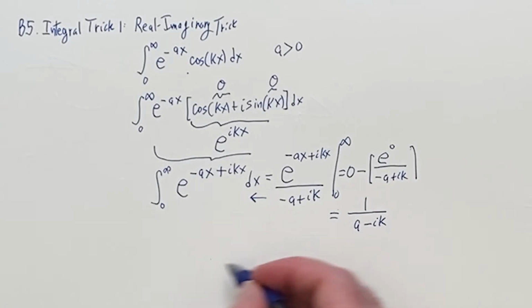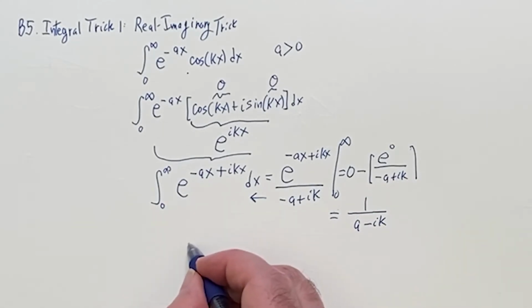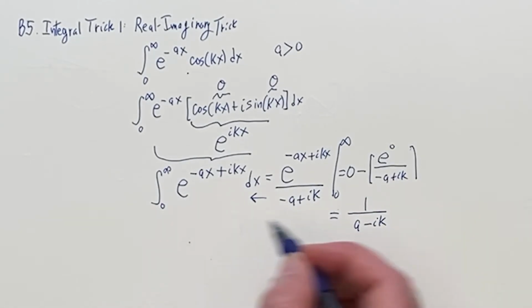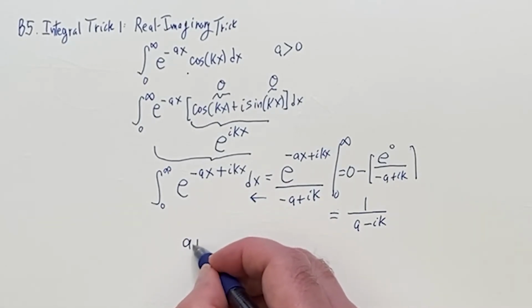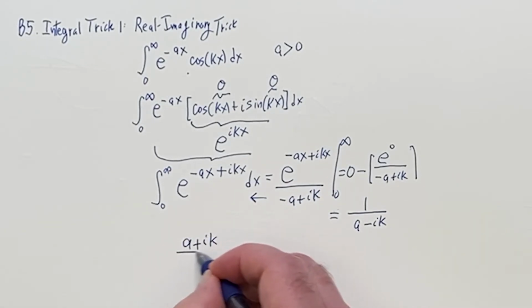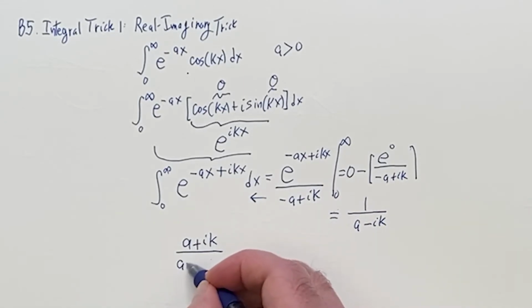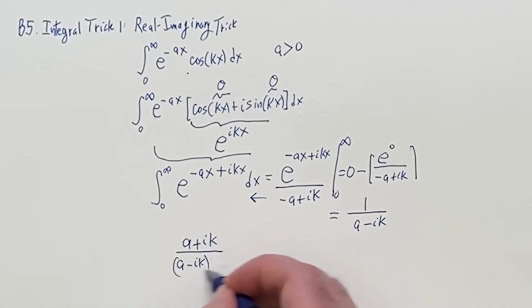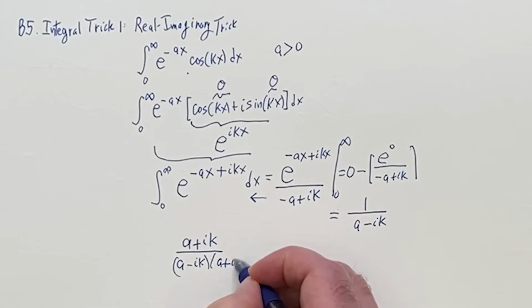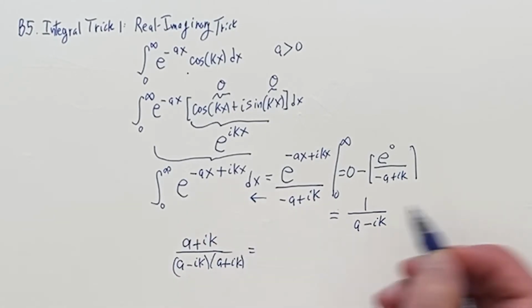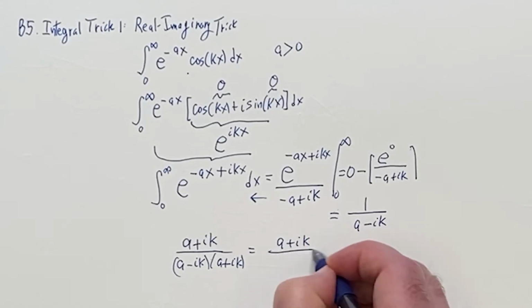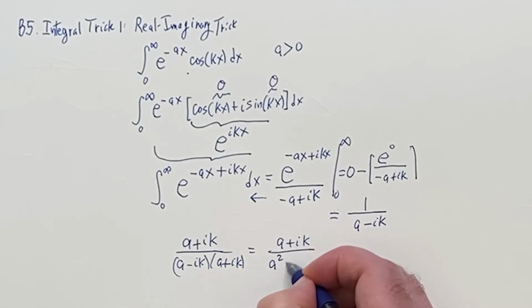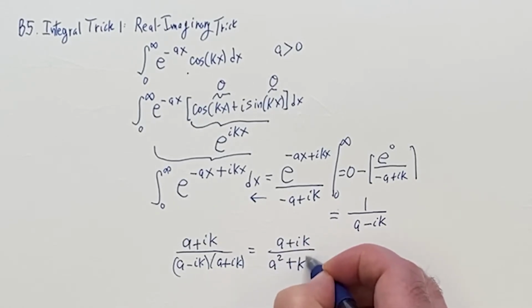So here what we do is we can make this denominator real by multiplying top and bottom by a plus ik. And that'll give you a plus ik over a squared plus k squared.